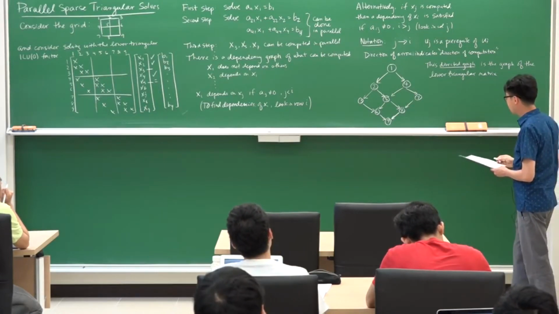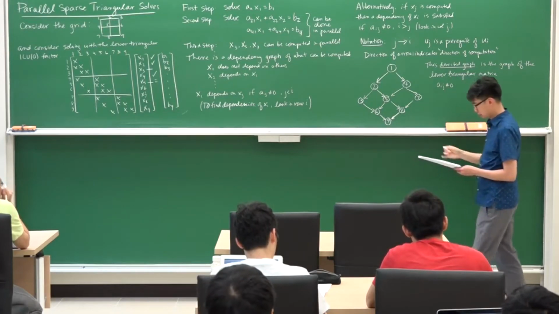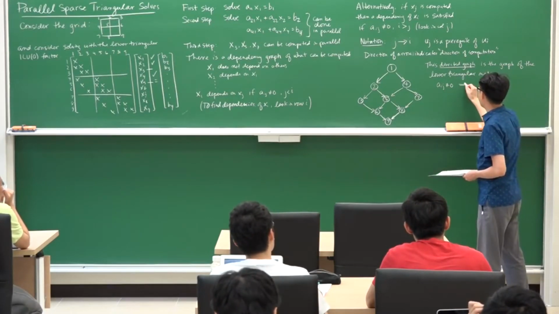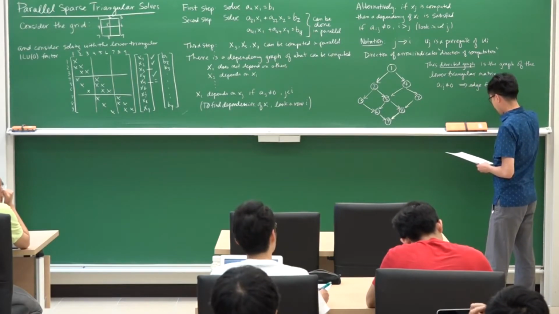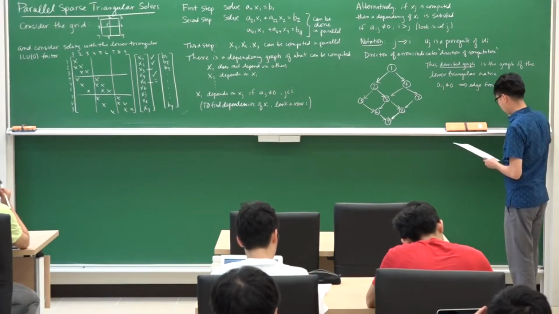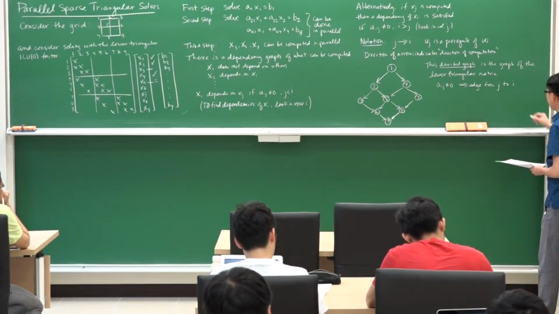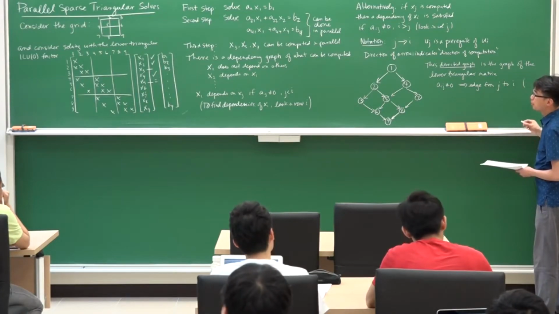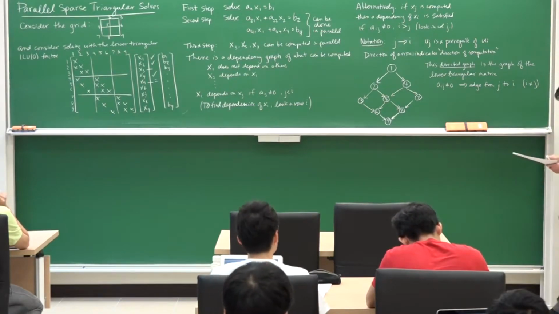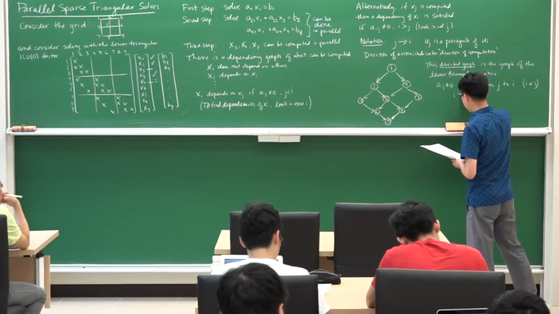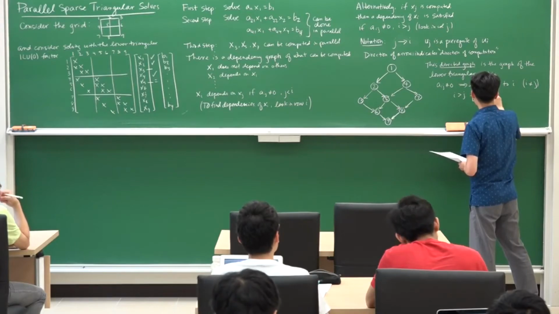Okay, so what does that mean? It means that aij not equal to 0 in the matrix implies that there's an edge in the graph from j to i. And I'm going to ignore the diagonal of the matrix, so i is not equal to j. And we always have, for a lower triangular matrix, i is greater than j.